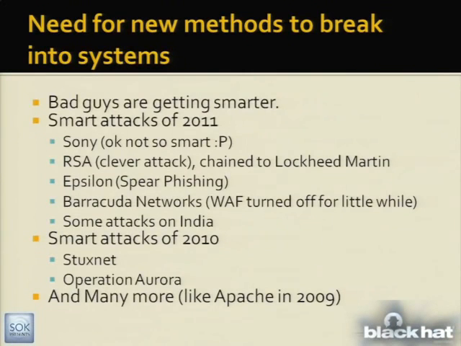And some smart attacks on Indian embassies in Paris, on some missions in Tibet. Maybe some of you have heard about this report, Shadows in the Cloud, or Dragon in the Cloud or something. And smart attacks of 2010, these ones, and many more, like one on Apache in 2009.